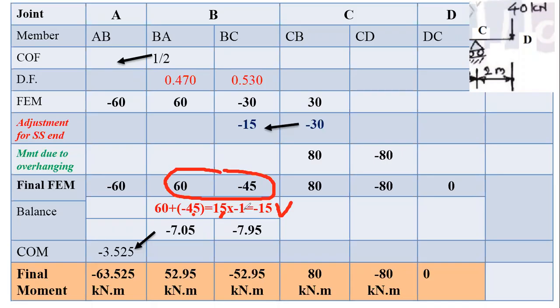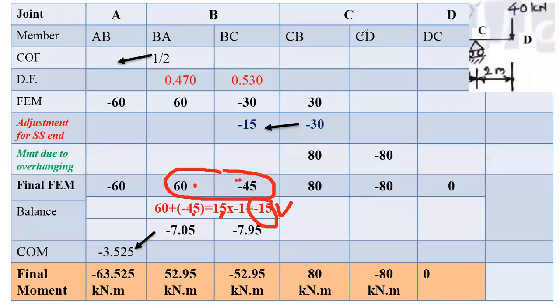Minus 15 आपल्याला distribute करायचे आहे, so that the movement at B will be equal and opposite. आता काय बघा, 60 आणि minus 45 आहे, summation आहे 15, पण 15 मध्ये 15 ऍड केल्यास परत 30 ची movement distribute होणार. So that's why apply the opposite movement. Plus 15, distribute minus 15.